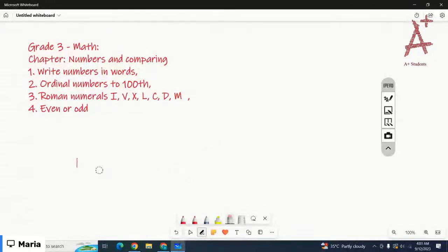We have so many ways to represent numbers, right?